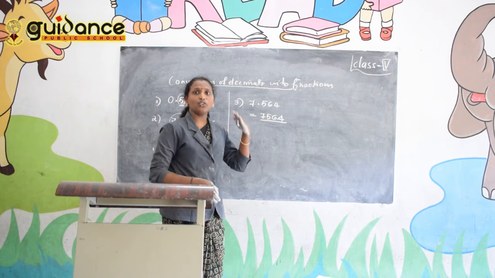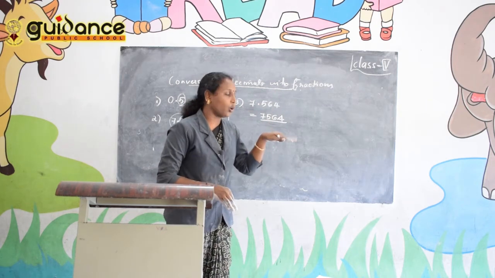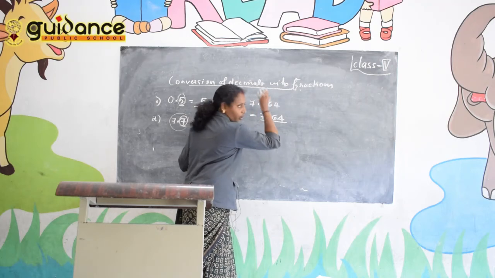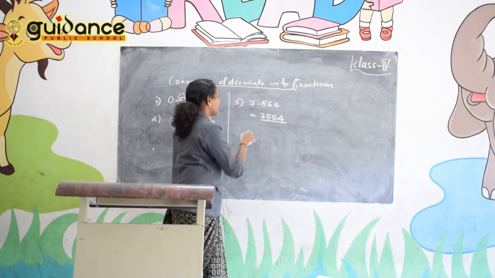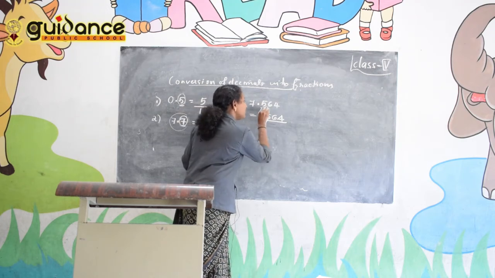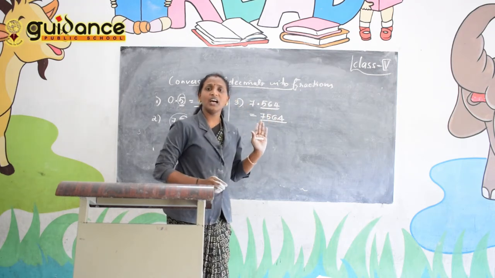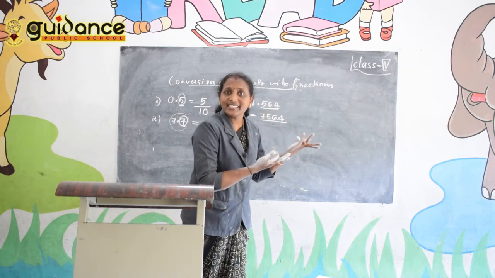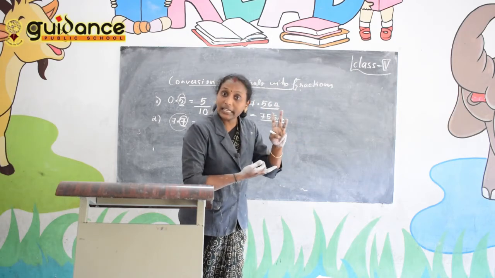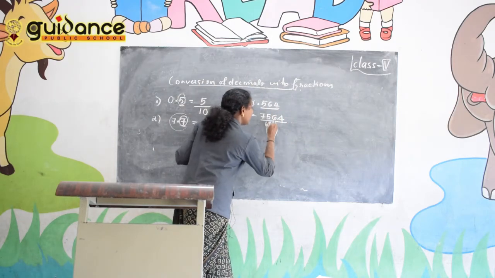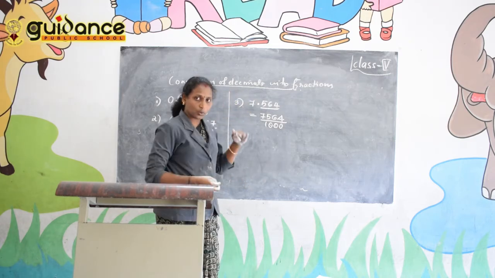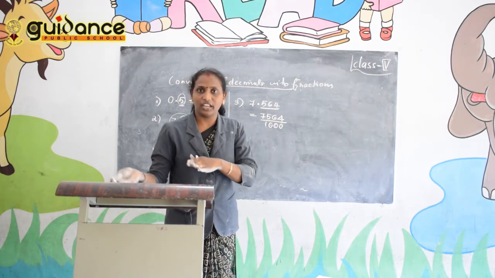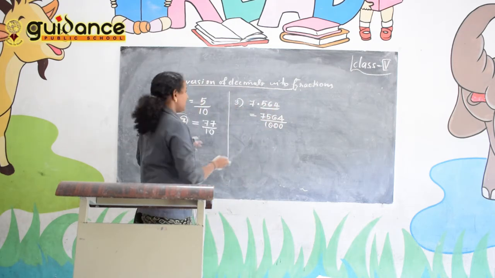Then we check how many digits are after the decimal point, in the fractional part. It has 3 digits, so we write 1000. 3 digits is 1000, 2 digits is 100, 1 digit is 10.